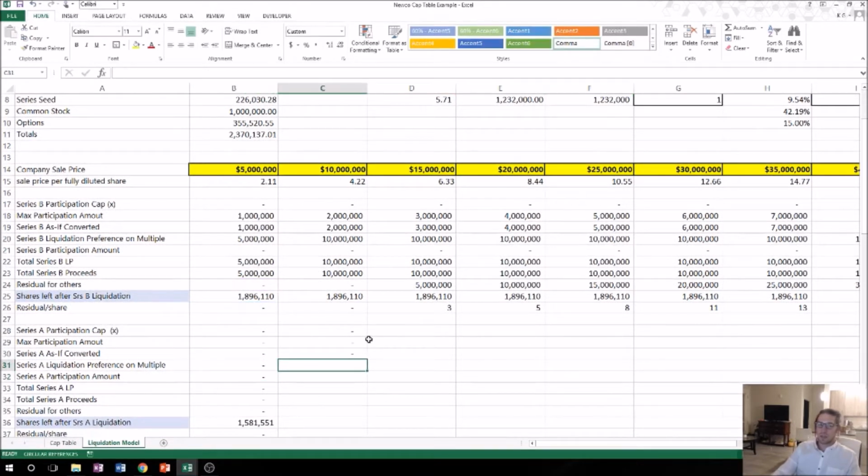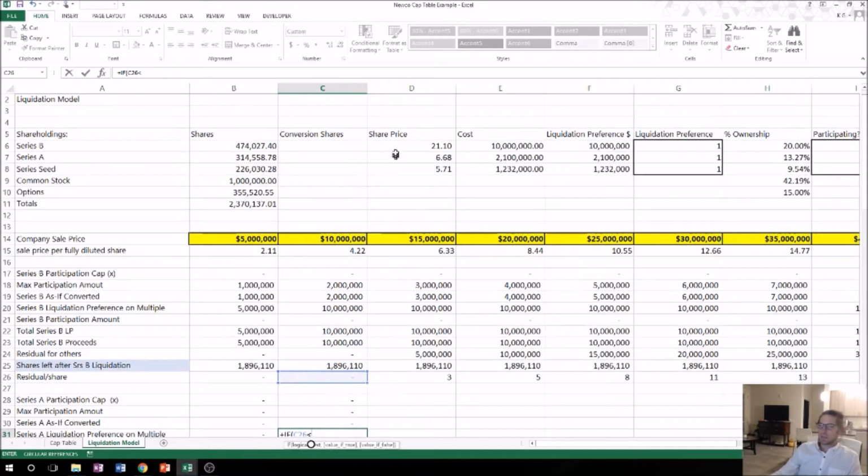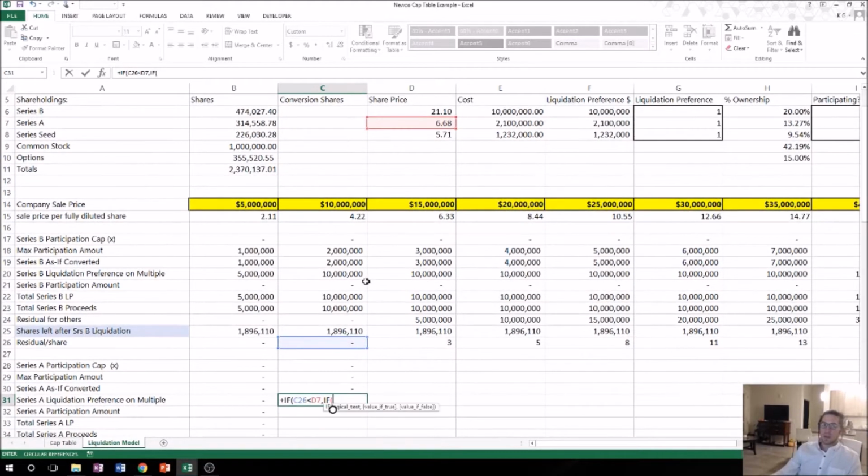And so we'll say if C26, the residual per share, is less than D7, what was paid, and then if the C24, the residual for others, is less than F7, the liquidation preference dollar amount, then just give us what's left for others.